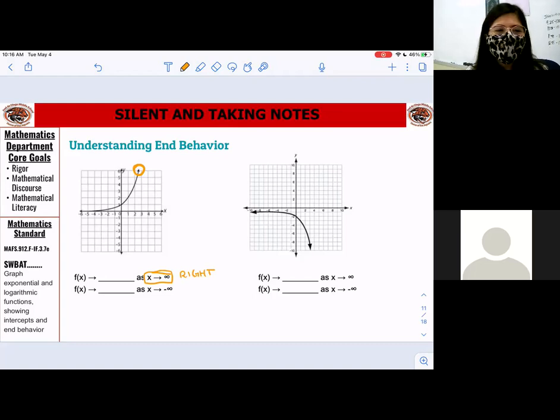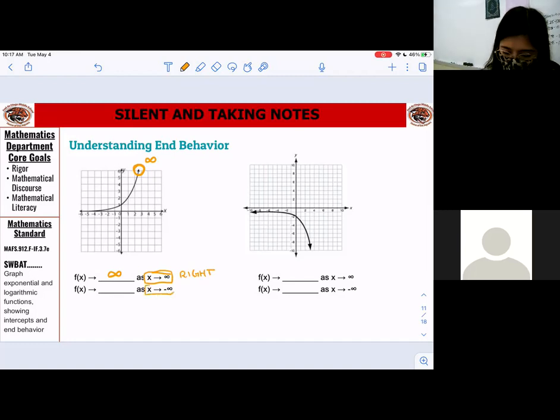All right. So on the right side of my graph, it's going up. And if it's going up, it's going towards infinity. So that's what I write in my blank. As f of x approaches infinity on the right side of my graph. Now what's going on the other side?